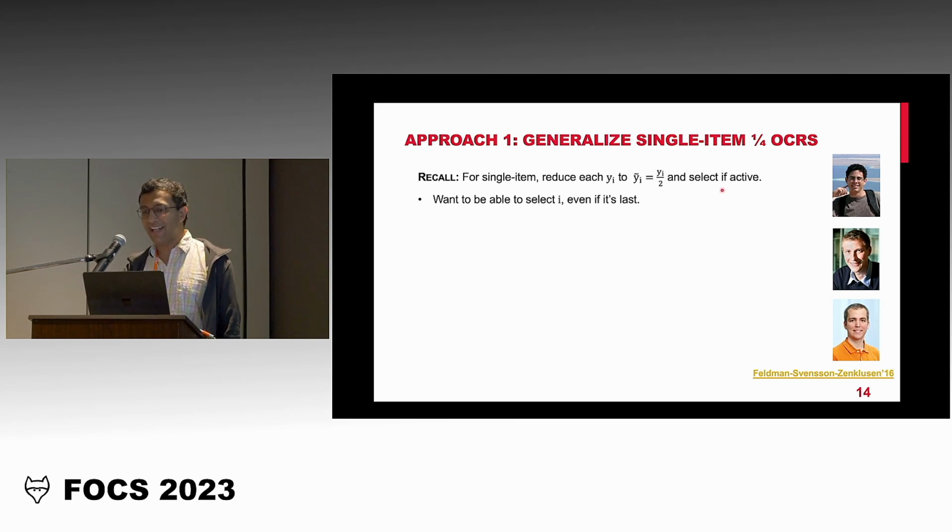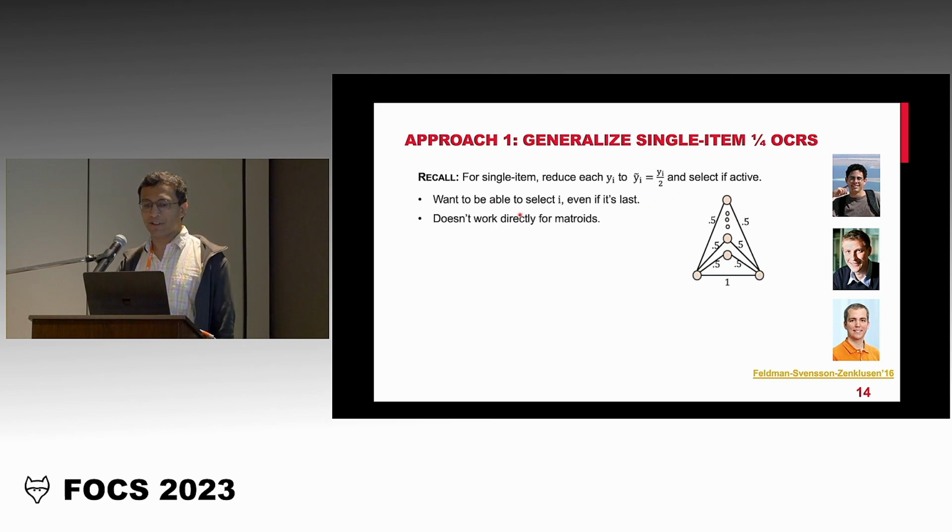It turns out, naively, this approach does not work, because you can have some weird examples, such as this hat example. I'm working with, say, the graphic matroid, so it should not be a cycle. Here's a valid, feasible fractional solution. The bottom edge has value 1. All the other edges have 0.5.